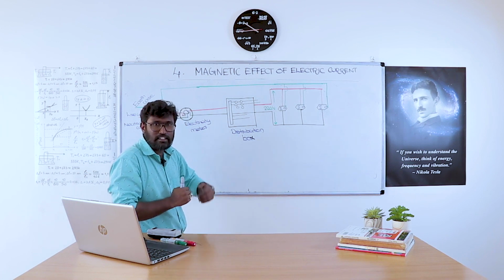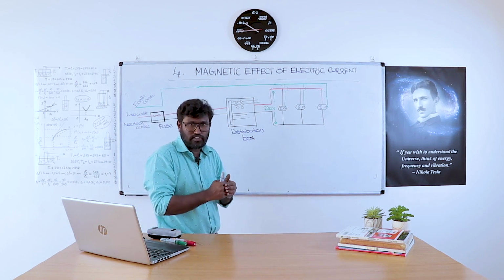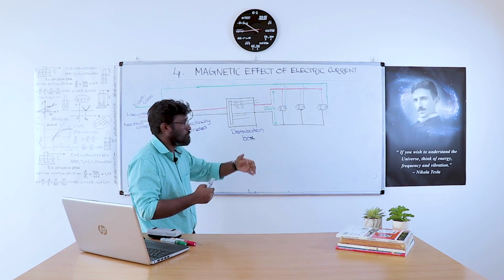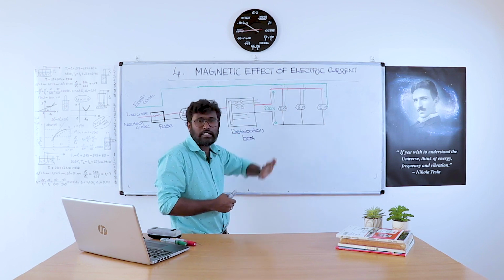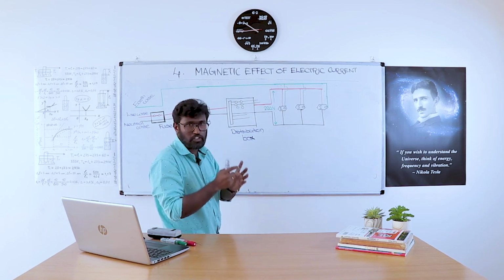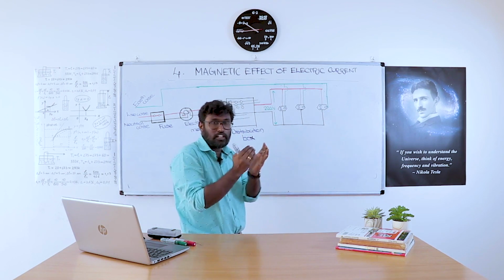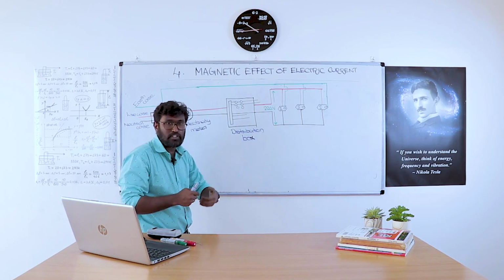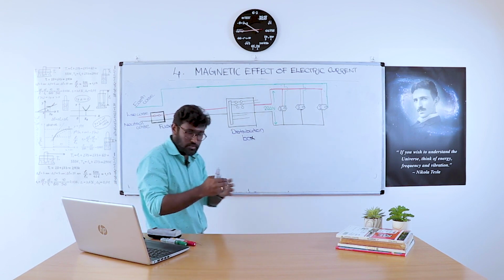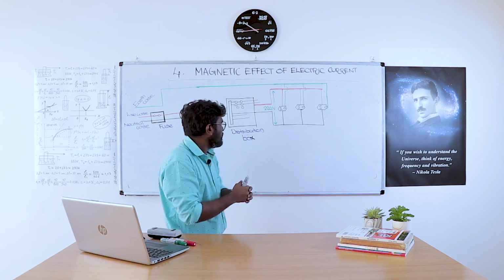The other end of the earth wire is connected to the metal appliances through a 3-pin plug. So what is the use of earth wire there?